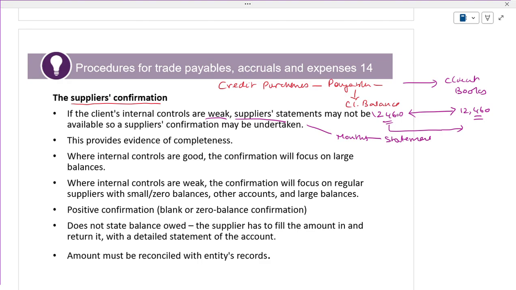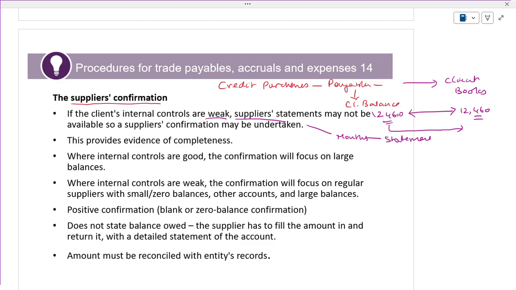At the end of every month, they will send you a bank statement. Sometimes we will not even open it, but the bank will send it to make a confirmation of what the bank balance is.